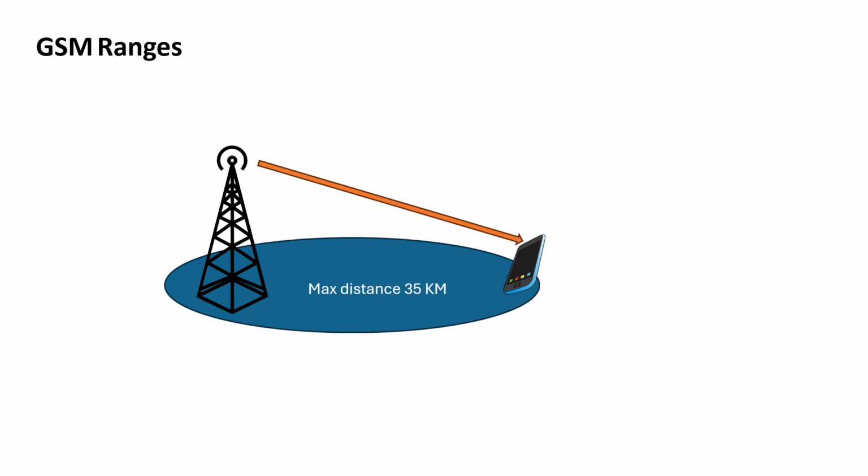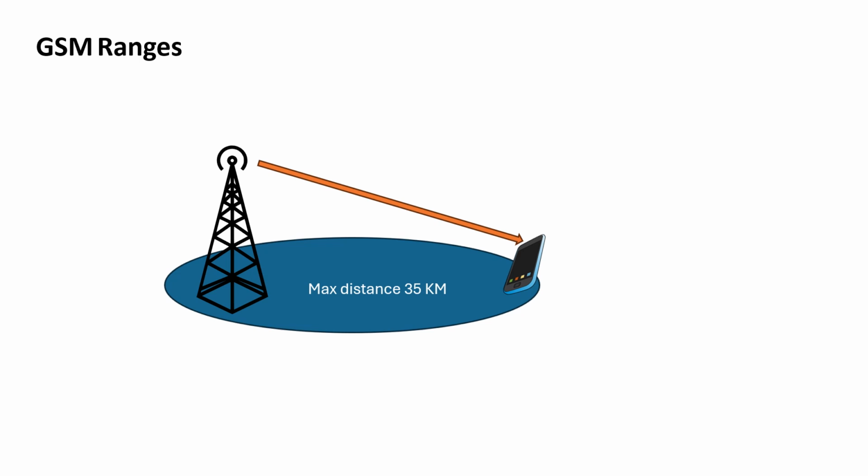In practical terms, the lower the frequency, the better the coverage. And higher frequencies generally provide greater capacity but less range. For GSM, this is why 900 MHz can achieve longer ranges compared to 1800 MHz or 1900 MHz.